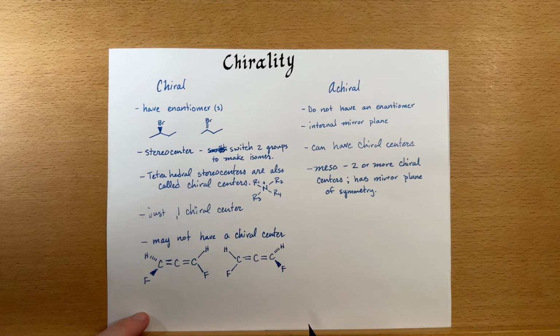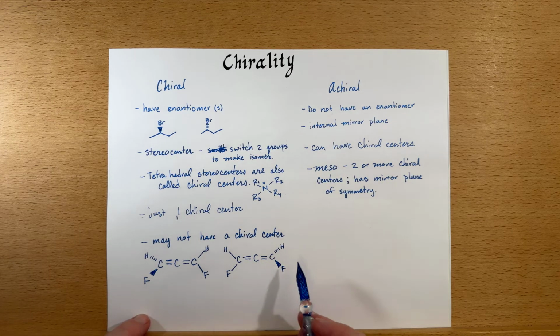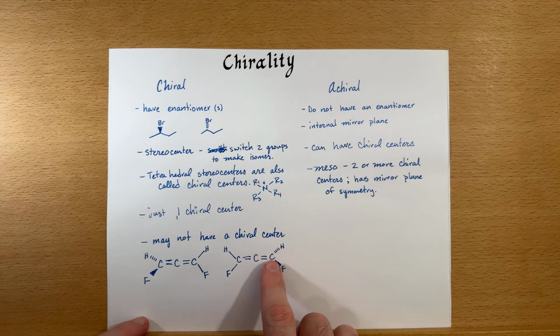There we go. At first glance, this may look like we can superimpose these or there's a mirror plane in here somehow. But remember that when we're bonding with double bonds, we have to use a p orbital between these two carbons, and then we have to use a different p orbital for the bonds between these two carbons.